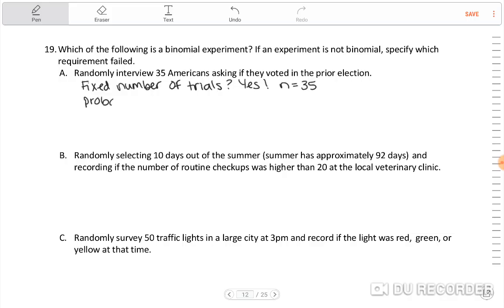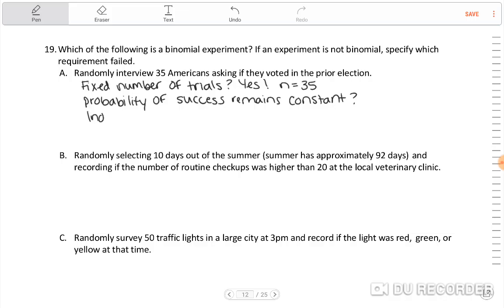So probability of success remains constant. Let's see. Asking if they voted, well, I would say that that's a yes. Okay, we'll come back to that.